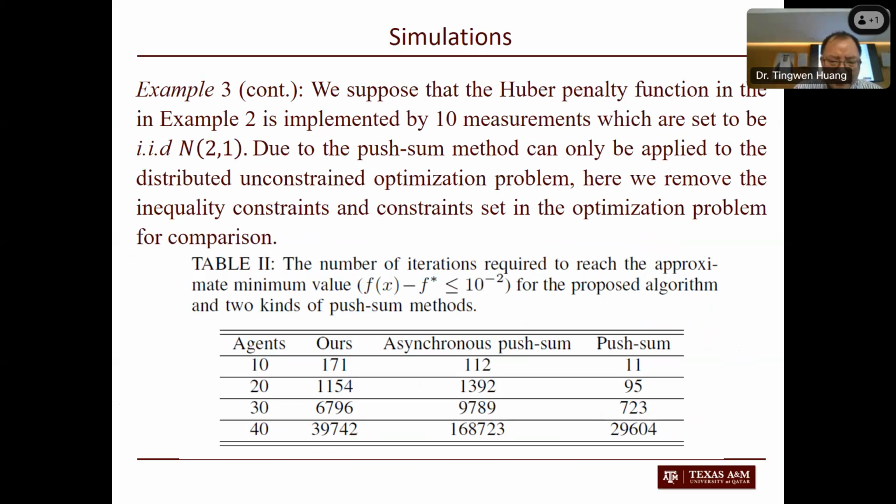Now the following table shows the number of iterations required to reach the approximate minimum value for the proposed algorithm and the two kinds of push-sum methods. We compare this.